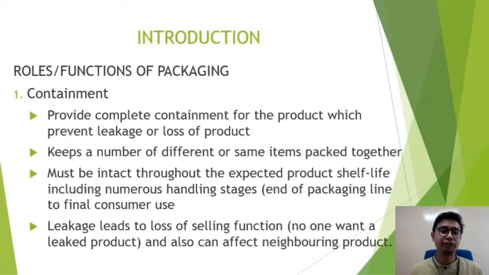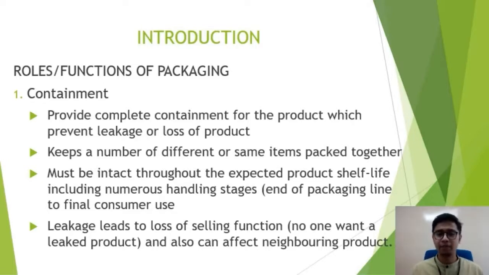Packaging holds the function of containment. So it has to provide complete containment for the product, which prevents leakage or loss of product. It also keeps a number of different or same items packed together, such as in secondary packaging, okay, and the tertiary packaging also.